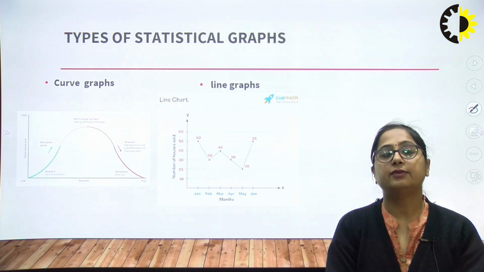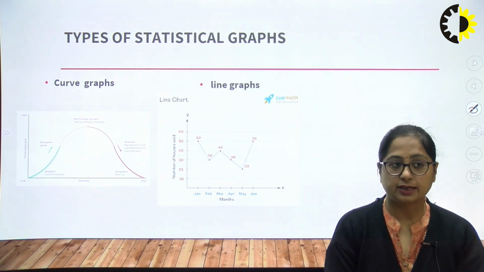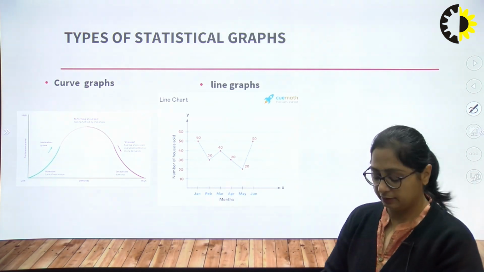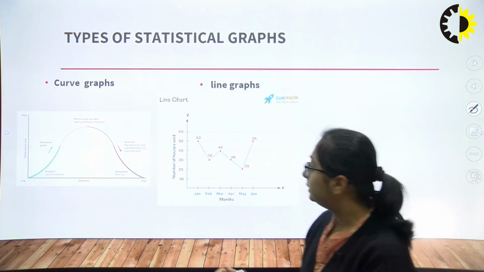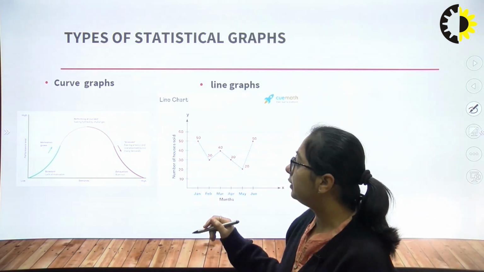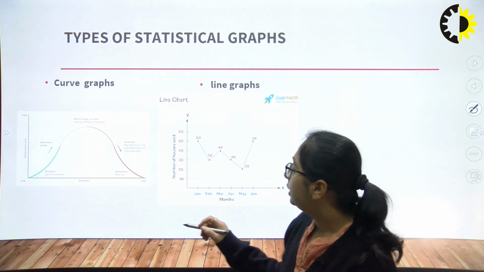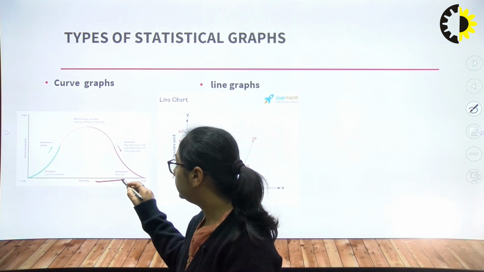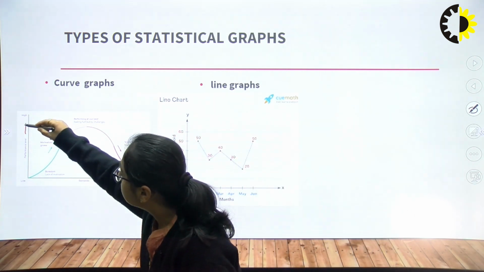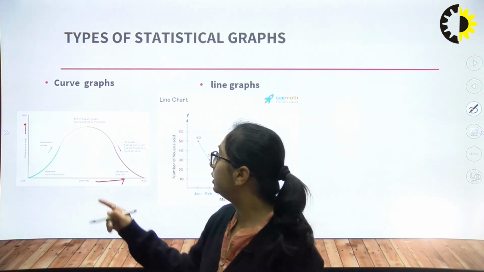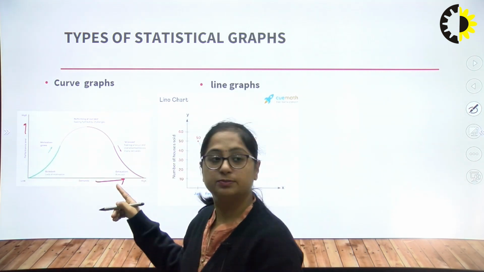Next, the first type of statistical graph is the curve graph. Okay, so the curve graph here represents two axes. You can see demand versus performance.